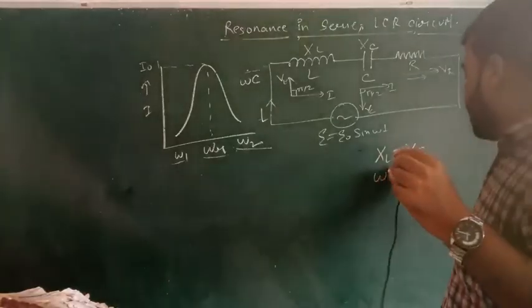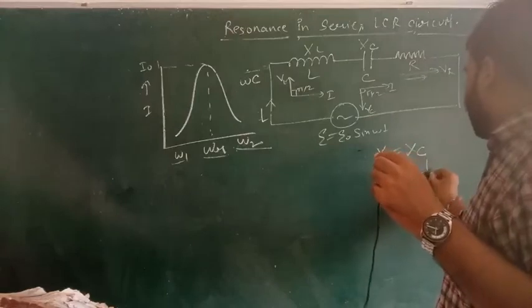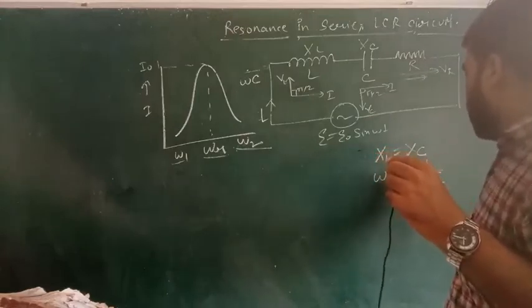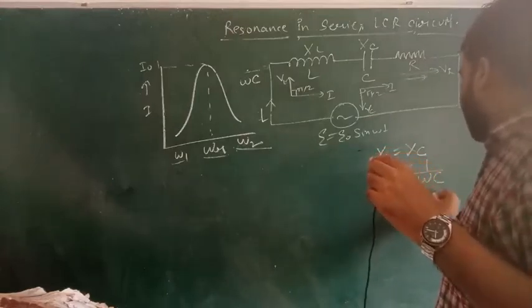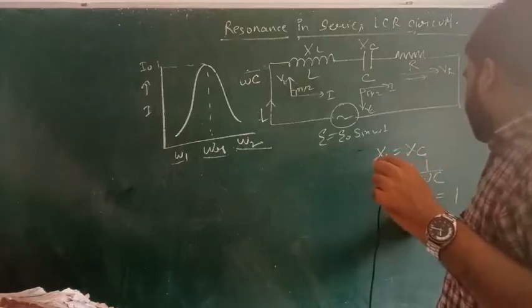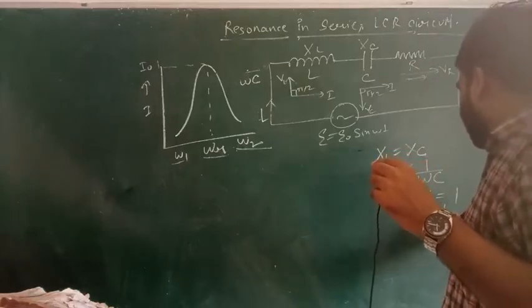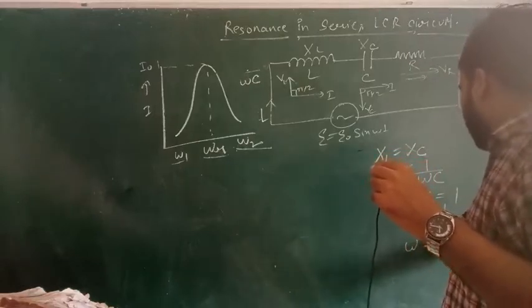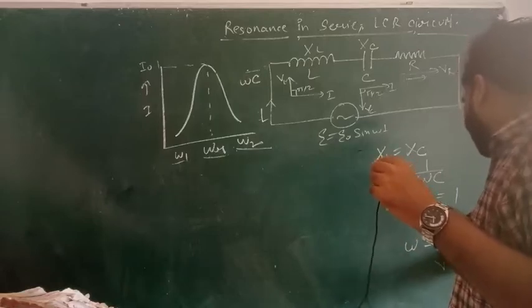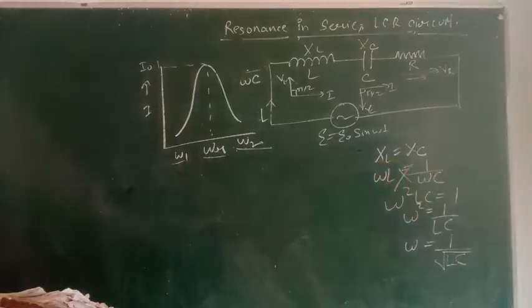So omega L is equal to 1 upon omega C. Now cross multiply. So omega square LC is equal to 1. Omega square is equal to 1 upon LC. Omega is equal to 1 upon root LC. This is the value of omega.